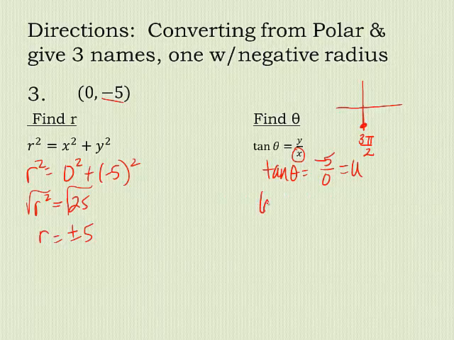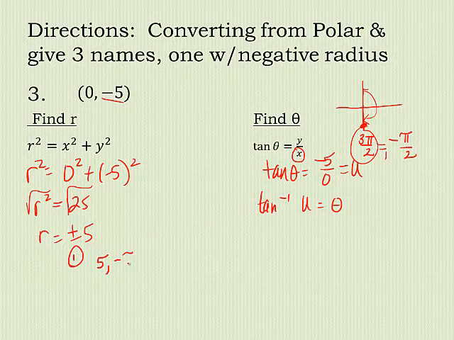Or if we're doing inverse tangent of an undefined value, we could use 3 pi over 2. So let's just start with that. But we'd really call it negative pi over 2, right? Remember, we changed the name, negative pi over 2. So for my first polar point, it would be 5, negative pi over 2. The second polar point, radius stays the same.